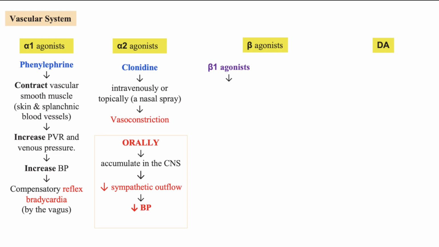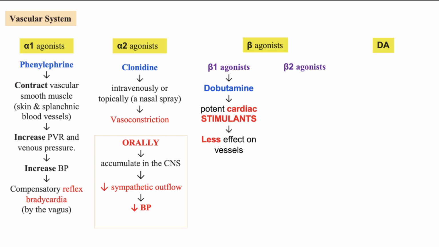Coming to the beta agonists, for beta 1 agonist, dobutamine will activate beta 1 receptors, which are responsible for cardiac contraction. They are potent cardiac stimulants and have less effect on the vessels. Whereas for beta 2 agonist, the example is salbutamol. Again, salbutamol acts mainly on the beta 2 receptors located in the bronchial smooth muscle, leading to bronchodilation.